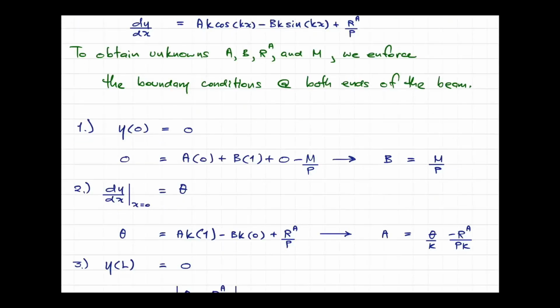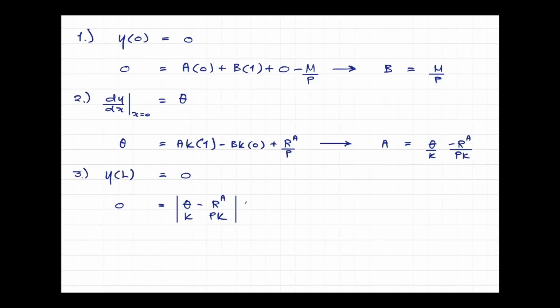What is it? Sine, right? It is the sine KL. Plus, for B, it is the M over P cosine KL plus RA over P times L and minus M. So we have everybody on board right now.